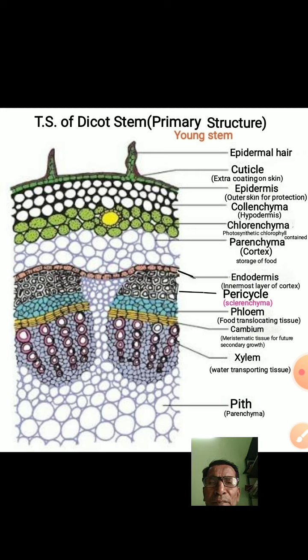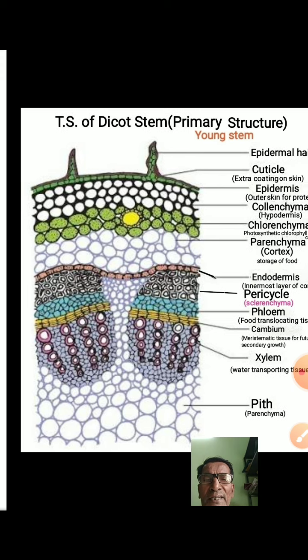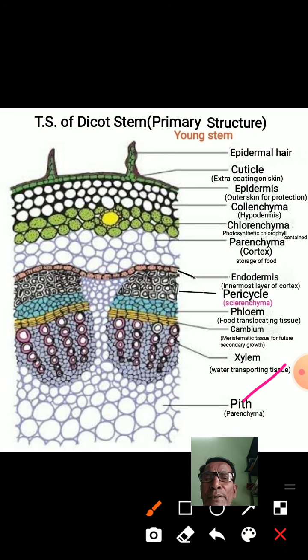The core part of the stem is occupied by the soft, delicate tissue. We call it the pith. This is the pith, and between the vascular bundles, there is a medullary ray, which helps in the translocation of the food.